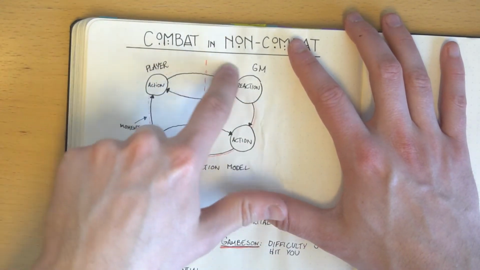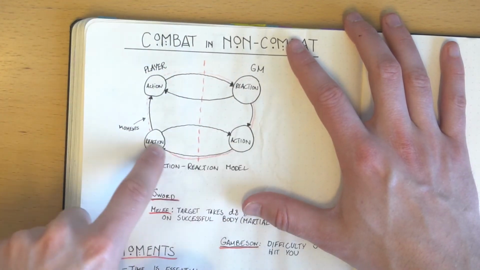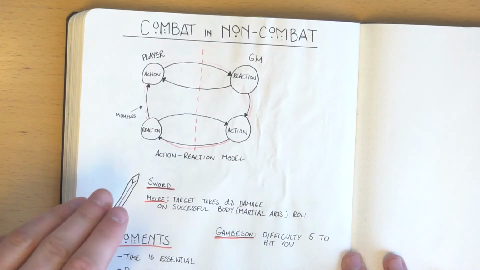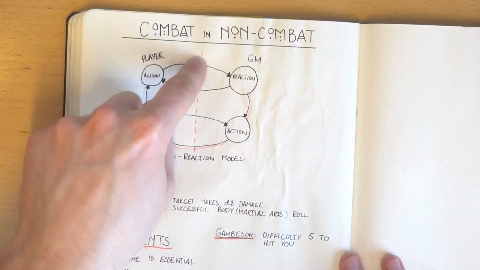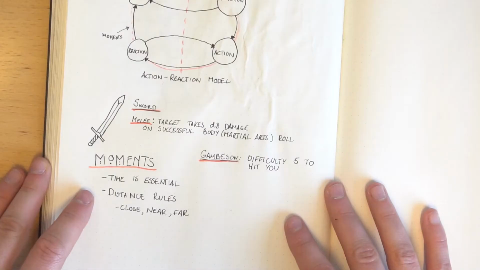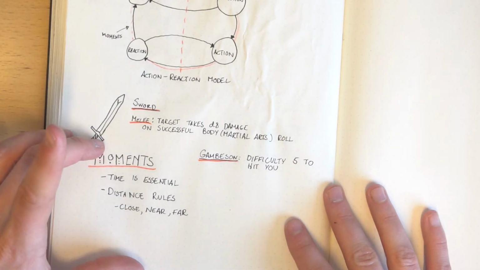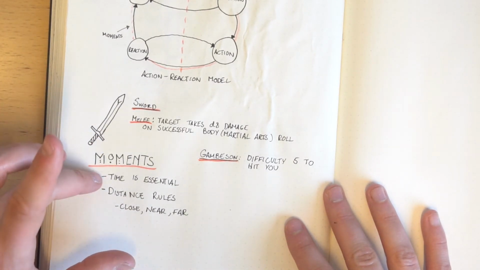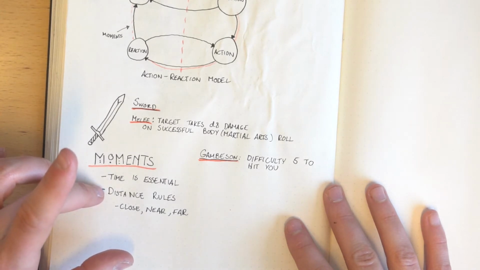This version will always happen in moment-to-moment decision making, while in a non-moment decision making you can go like this. And so moment-to-moment decision making is where time is essential and distance rules matter.